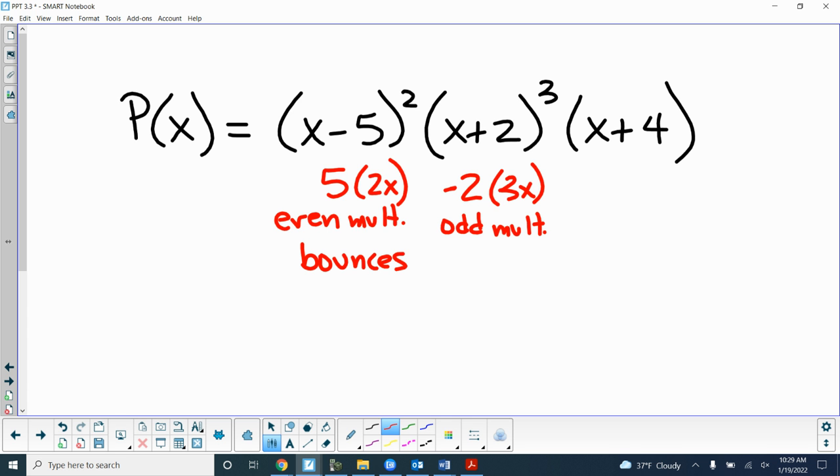When it crosses, if you were looking at this graph, it's bending as it crosses. What about that last factor? What's that 0? -4. Does that have any multiplicity? No, there's no exponent up there. So if I were looking at the graph, it crosses, and it's straight through.